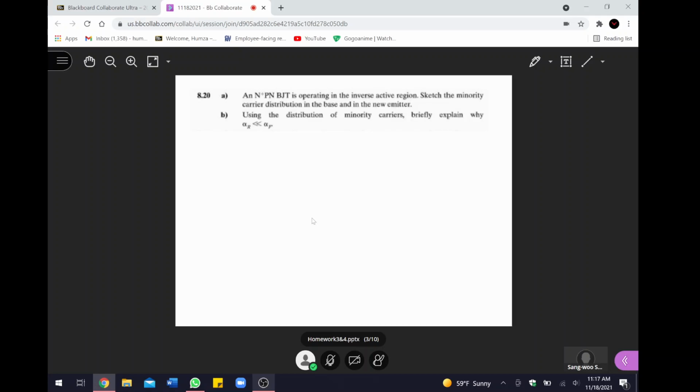Let's say this is the emitter, this is the base, and this is the collector. This is an n plus pn diode. In the n plus region the minority carrier is going to be the hole.